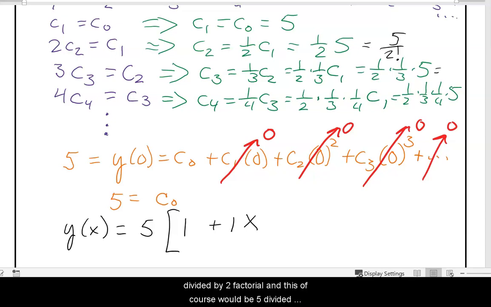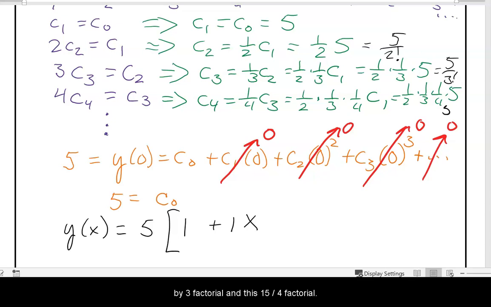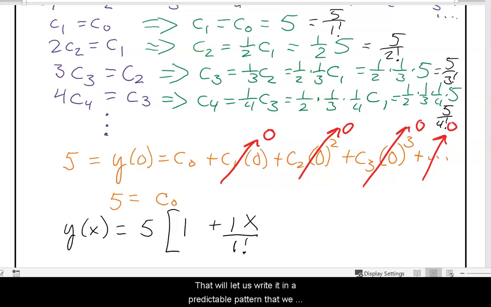And this, of course, would be 5 divided by 3 factorial. And this one, 5 divided by 4 factorial. Working backwards then, the pattern for C1 must be 5 divided by 1 factorial. That will let us write it in a predictable pattern that we can use to write a power series.